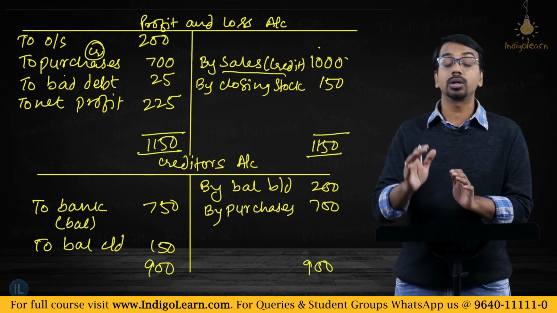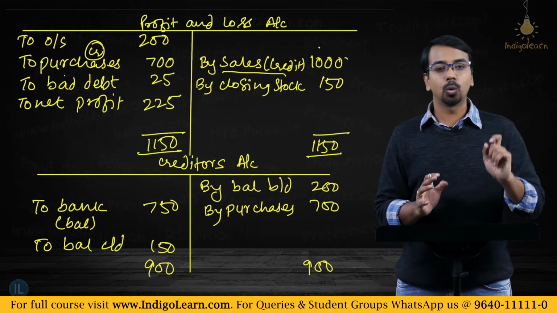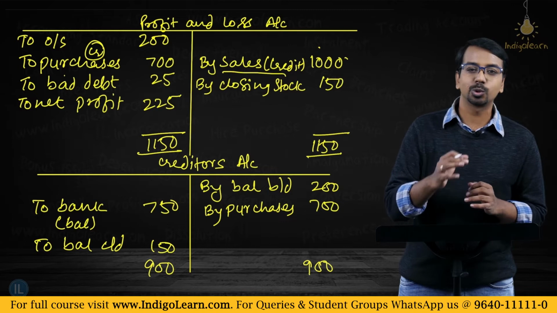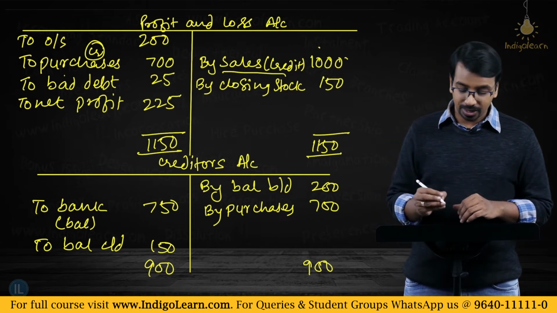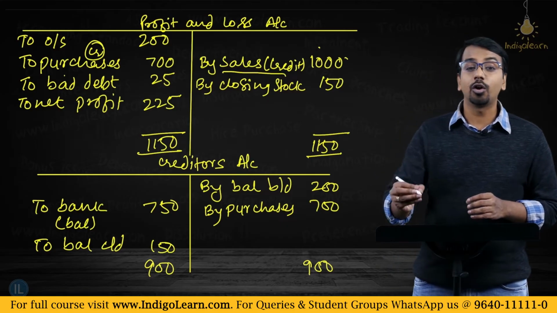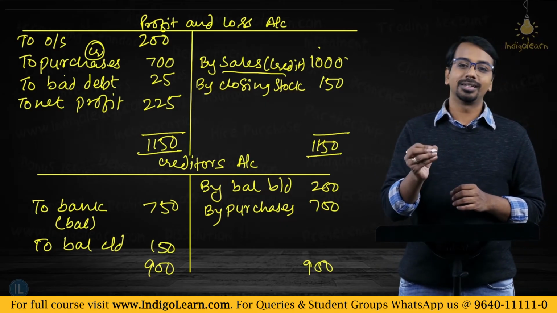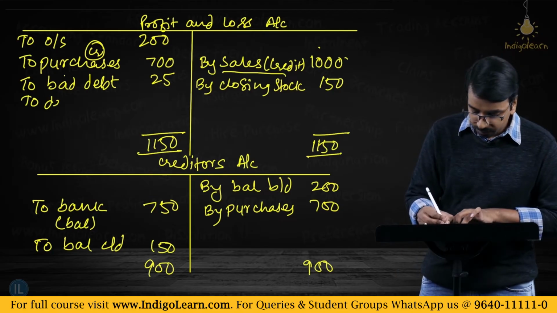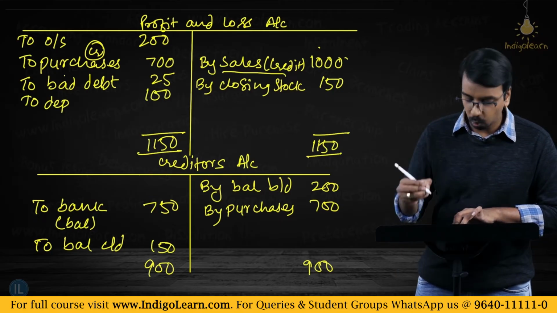See, so far whatever we have discussed, we have not touched upon other aspects. We are just talking about sales and purchases, which are the core operating activities. Now let us add some more elements to this part. Let us say in our P&L, apart from the purchases and bad debt, we also have a depreciation entry. So we have depreciation 100.